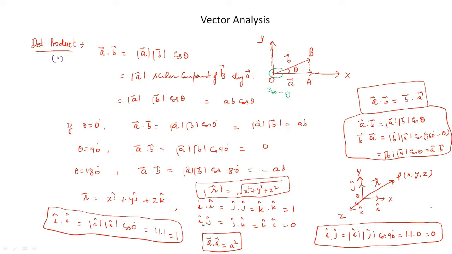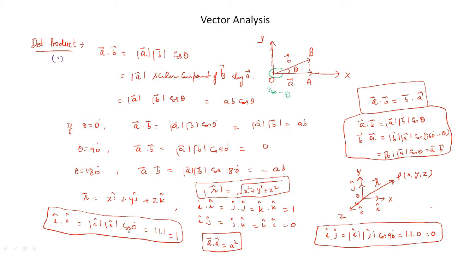Similarly, i dot j, j dot k and k dot i are equal to 0. When we say i dot i is equal to 1, it happens because i dot i gives the modulus of unit vector i times the modulus of unit vector i. It is a self product, so the angle between the two unit vectors will be 0.